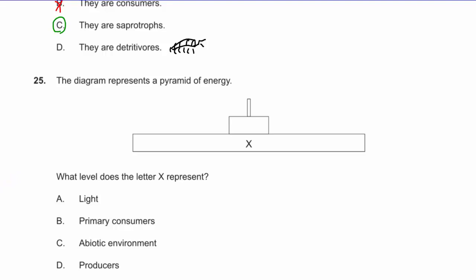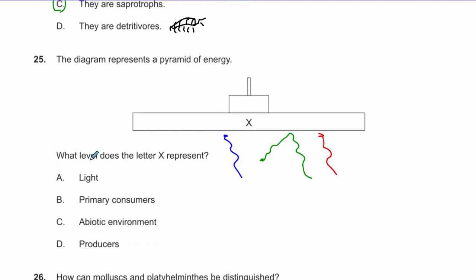25. The diagram represents a pyramid of energy. What level does the X letter represent? And of course, here, you know, you have the sunlight. So the red is absorbed often. The green is reflected. The blue light is absorbed. So, what level does the letter X represent? Well, not light.